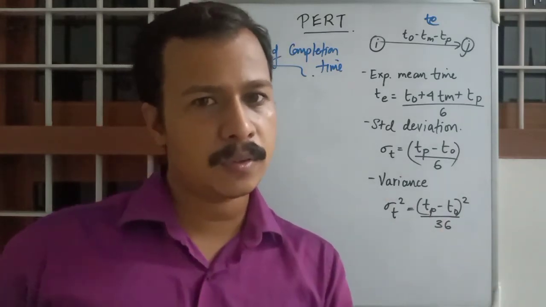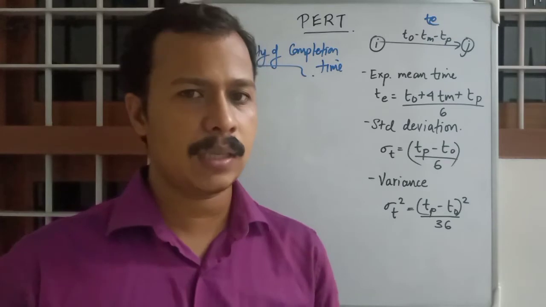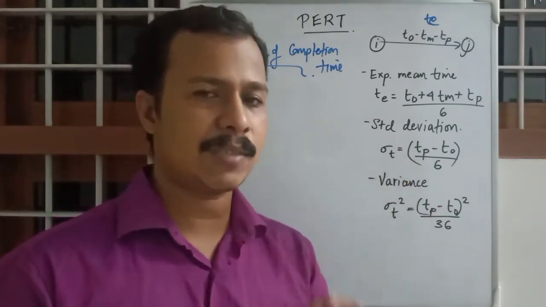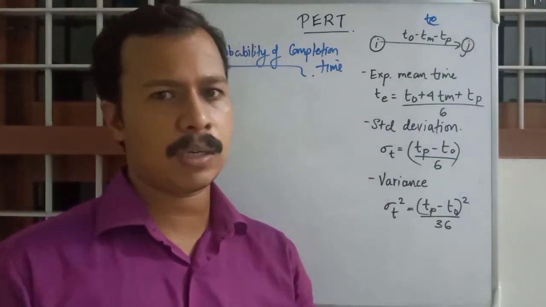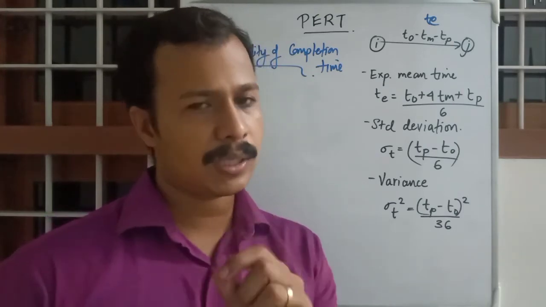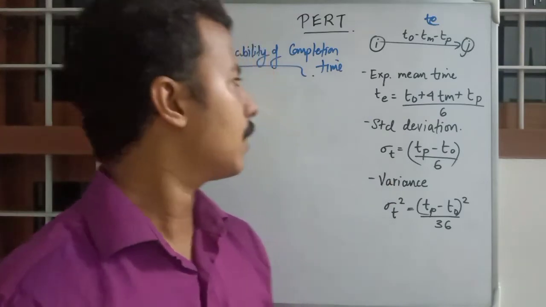If you want to know for 14 or 13 weeks, it is negative variation. It can be on both sides. We just want to know the probability: what are the chances of completing it at this much duration, or at this much lesser duration? For that we will take help from an external table. We will let you know at the time.